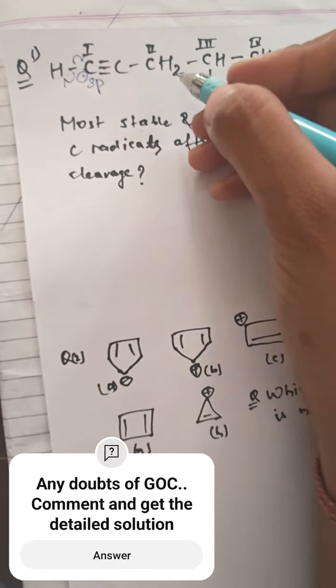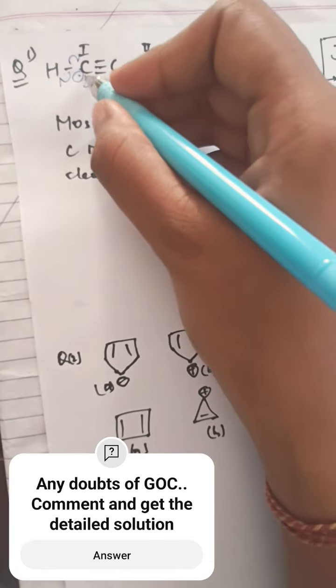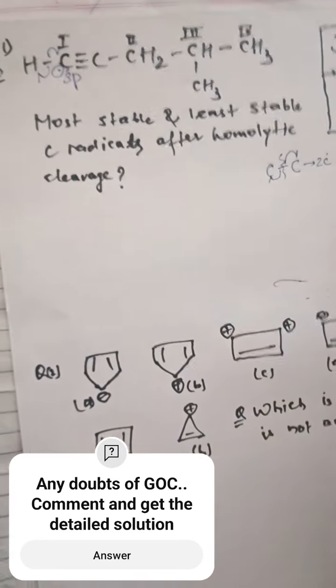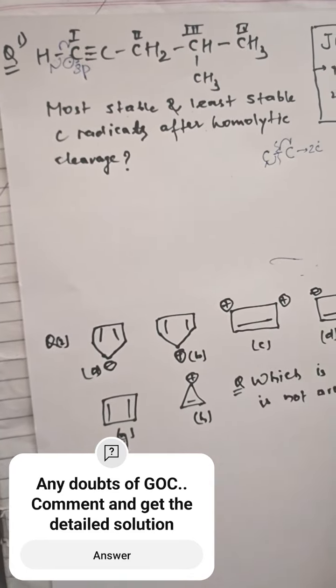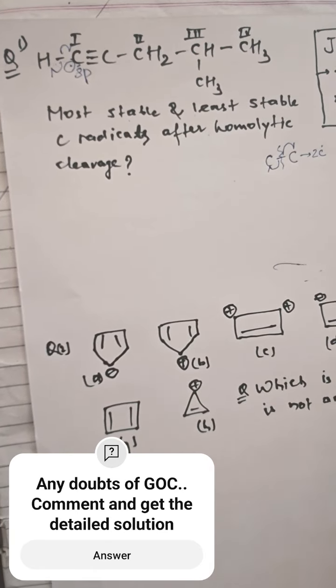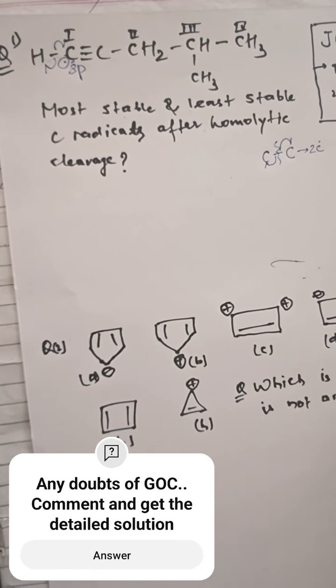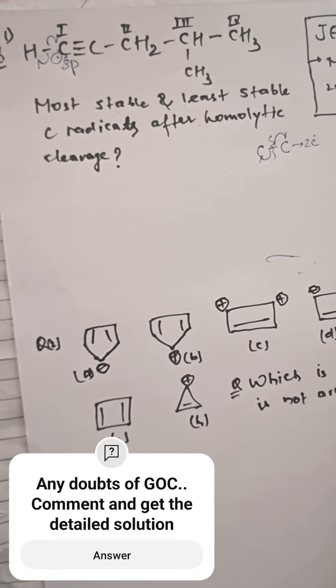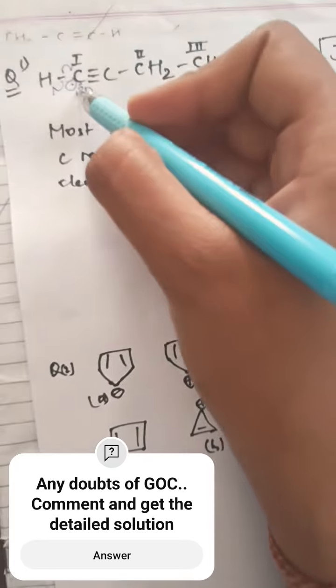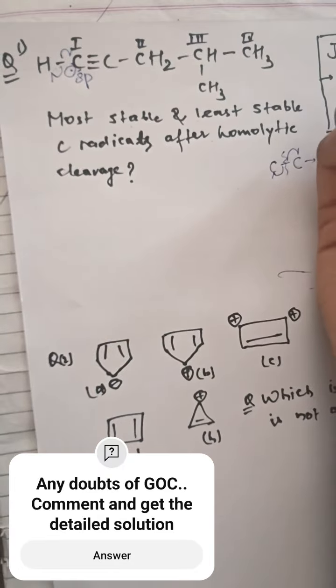You already know that the sp hybridized carbon has the highest percentage s character, and that is why it is more electronegative in nature. If you put that one electron at that center, where there is a deficiency of electrons, it will destabilize the radical, so it will be the least stable radical here.